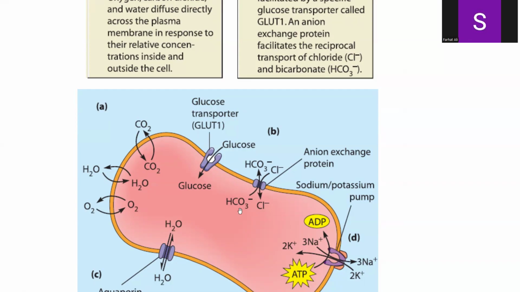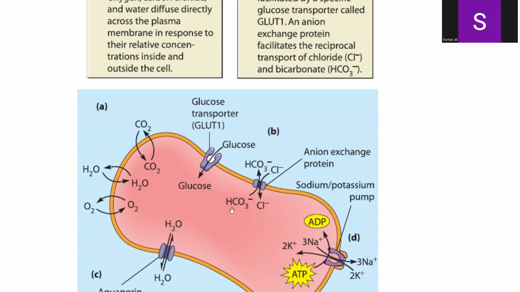Bicarbonate ions are negatively charged. Most of the carbon dioxide is actually transported in this form as bicarbonate ions. And when the carbon dioxide has to be given away from the red blood cell, this bicarbonate will be converted into carbon dioxide again.